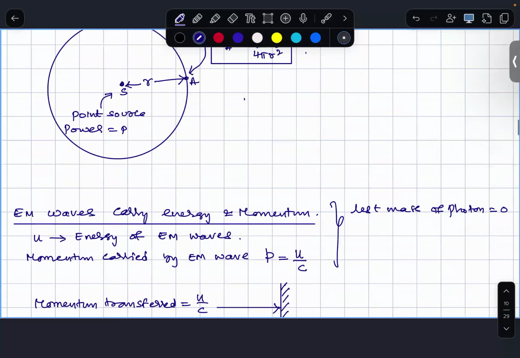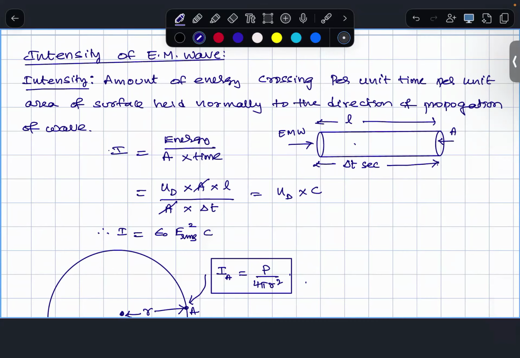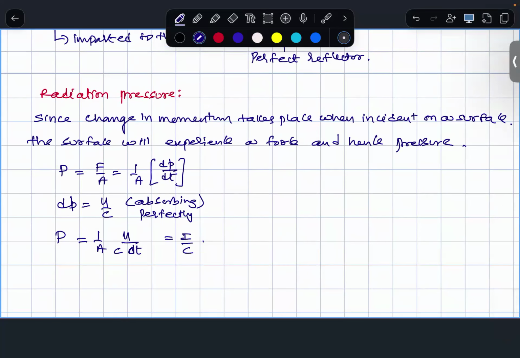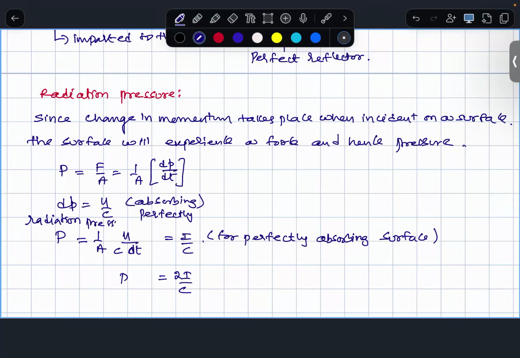I just told you here. U by A dt, this is I by C. This is for a perfectly absorbing surface. For a perfectly reflecting surface.